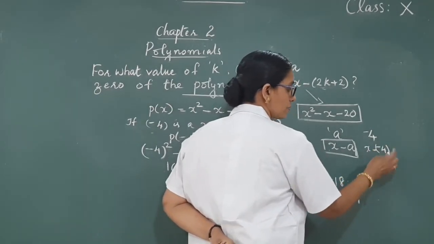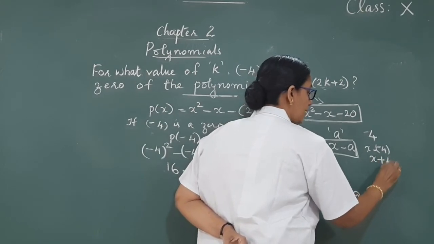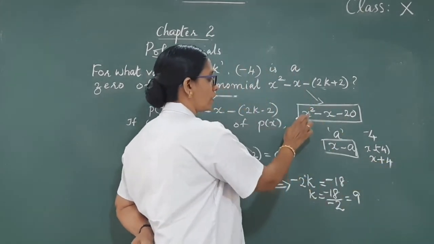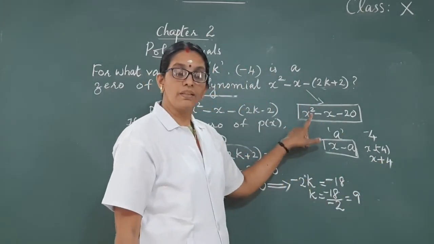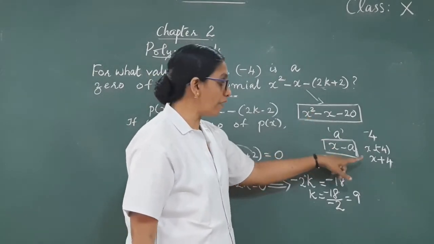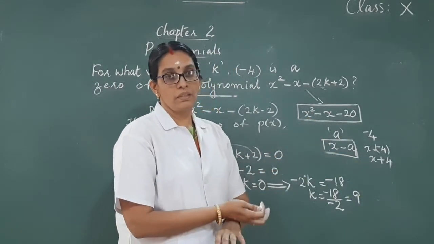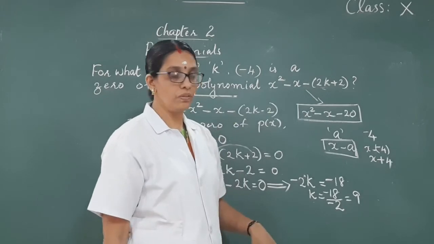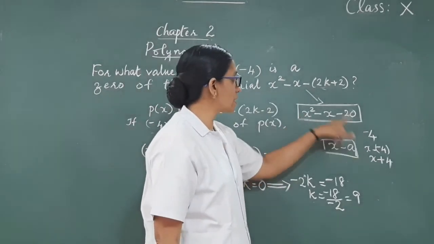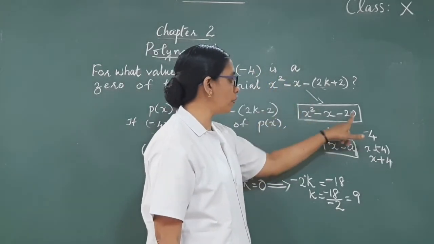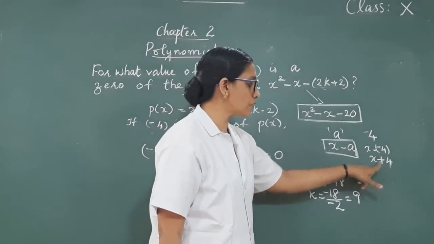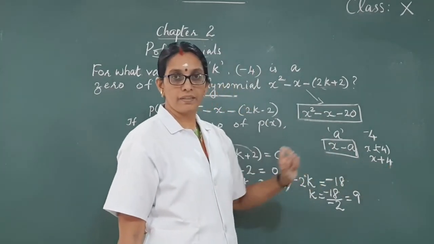What is x minus minus 4? x plus 4 is a factor of this polynomial. That also you should know. You have to apply this in coming sessions. Okay. So, if minus 4 is a zero of this polynomial, then x plus 4 is a factor.